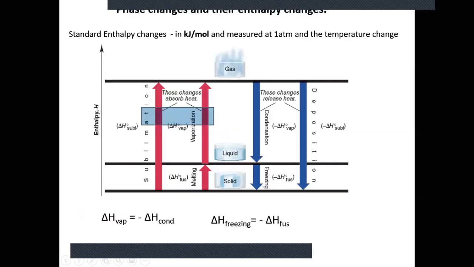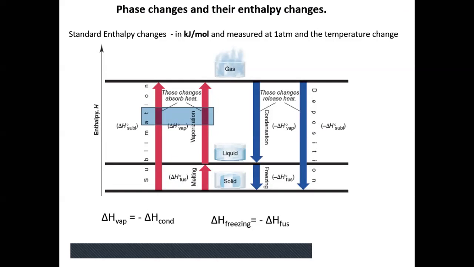And so the way we know how much heat is needed at a phase change to go, say, from a solid to a liquid or liquid to gas, is from tabulated values called standard enthalpy changes, in kilojoules per mole. In your textbook or on a question, it's going to give you, for example, the delta H of fusion, which is the amount of heat needed to melt 1 mole of solid into liquid.